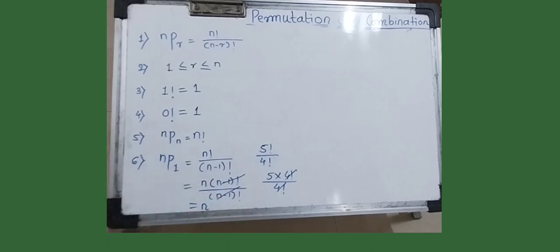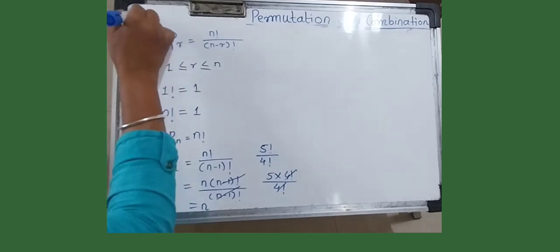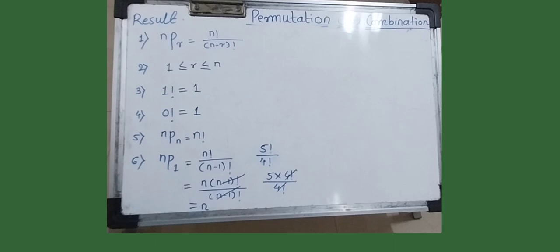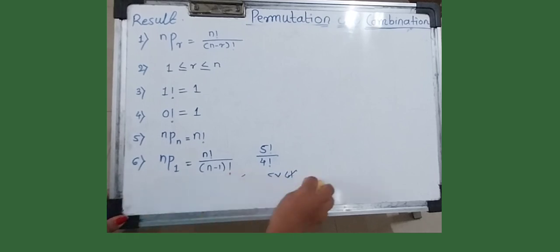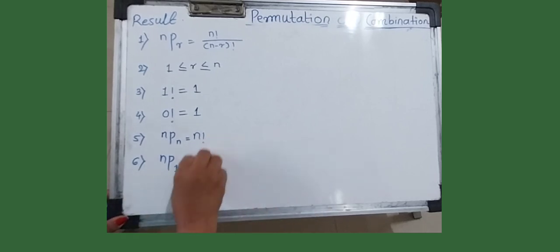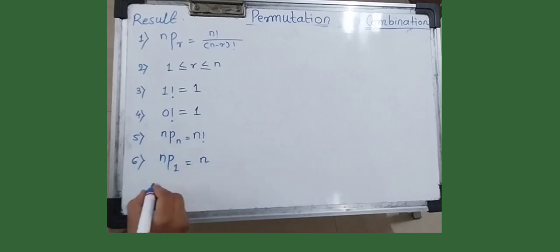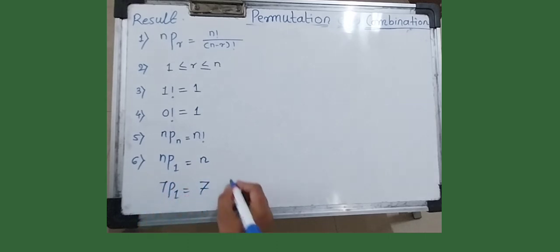Use this result in the exam, and save your time. If I want to find 7P1, the answer is 7, since we know that result. Clear?